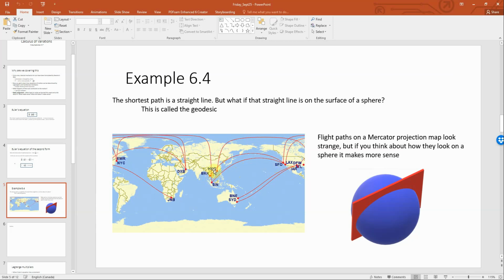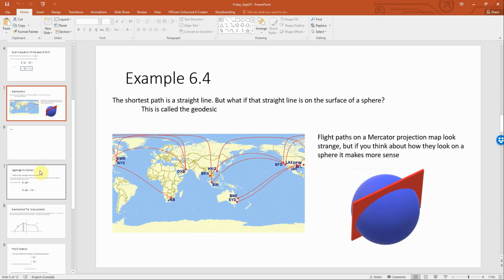It turns out the shortest path from one side of the globe to the other is actually a straight line, but a straight line constrained to the surface of the globe. If you plot this on the sphere, the straight line would be some kind of arc going from point A to point B. That's why these projections end up having these really weird shapes, especially if you go from the southern hemisphere to the northern hemisphere. So in class, we'll be solving this example.